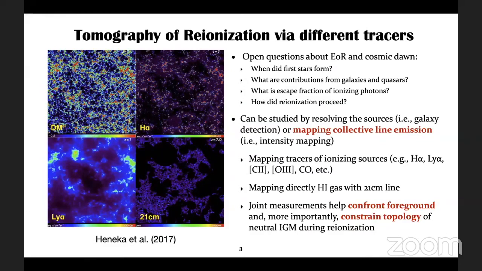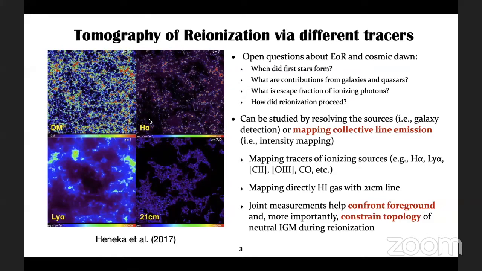As shown in this plot, the ionizing sources driving reionization can be studied by mapping tracers of star formation activities, such as H alpha, Lyman alpha, and [CII], whereas the islands of neutral IGM can be mapped by the 21 centimeter line of atomic hydrogen.